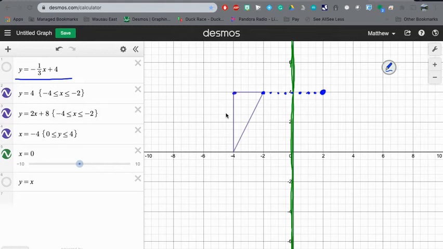This one I go 1, 2, 3, 4, so 8. So I would go 8 over here to get to the other point. 1, 2, 3, 4, 5, 6, 7, 8. Same distance. So reflecting over that line, you would get that triangle. So reflection, if you fold it over a line, would match up.